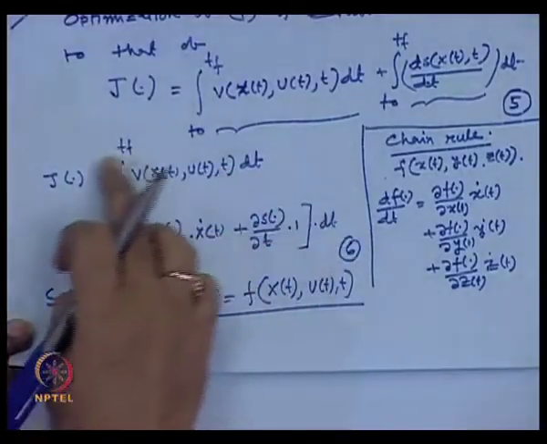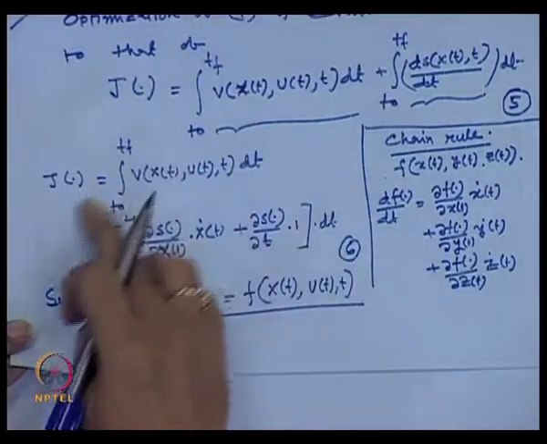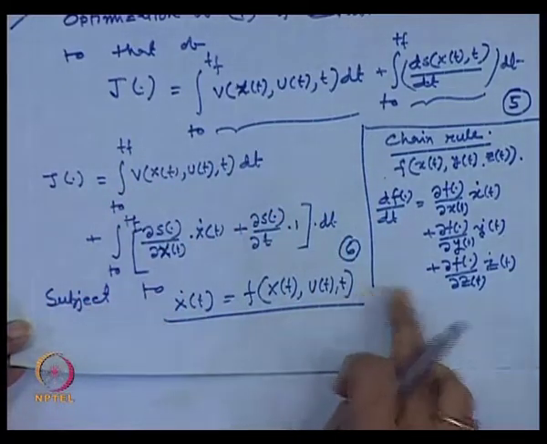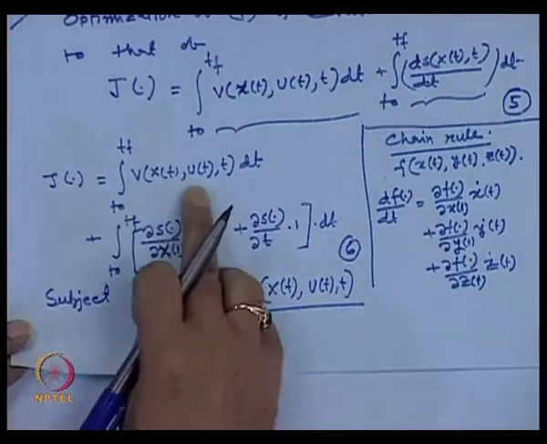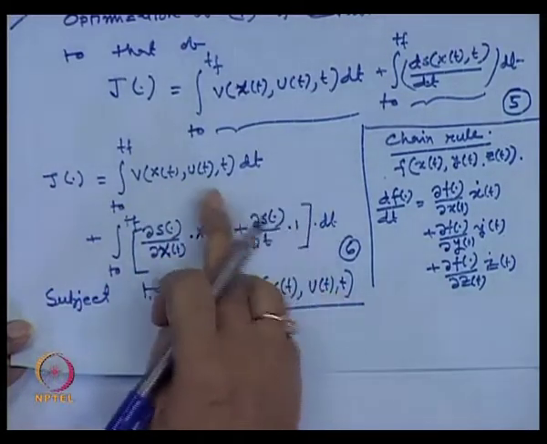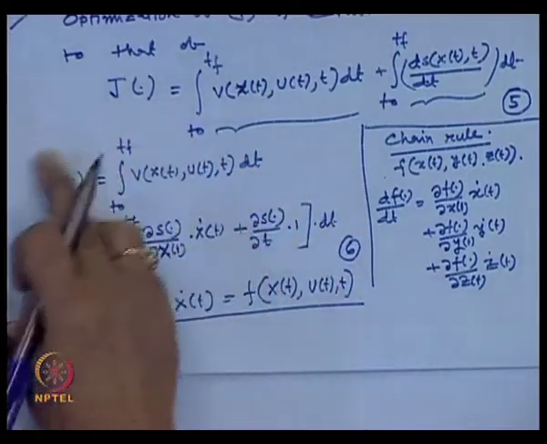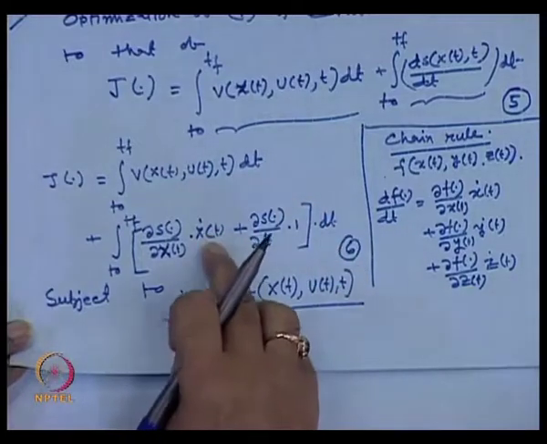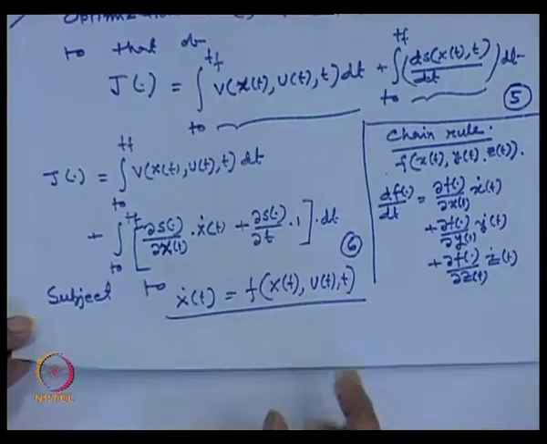So, first our job is to convert this constrained optimization problem to an unconstrained optimization problem. Our problem is to find the optimum trajectory of u such that this performance index or objective function is minimized subject to these constraints, and that constraint is a dynamic equation.